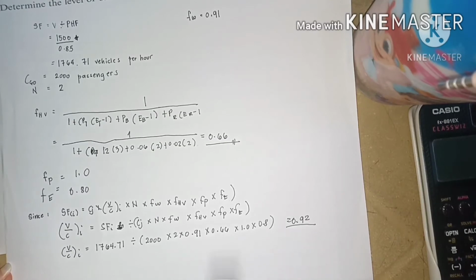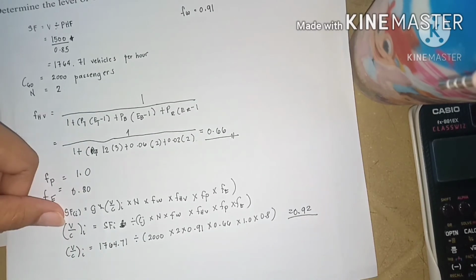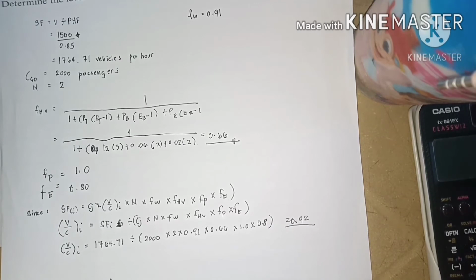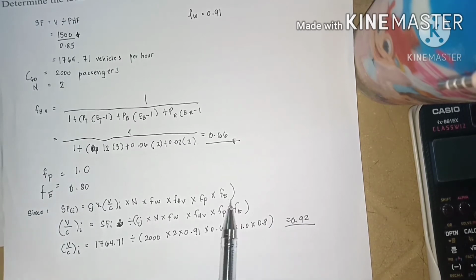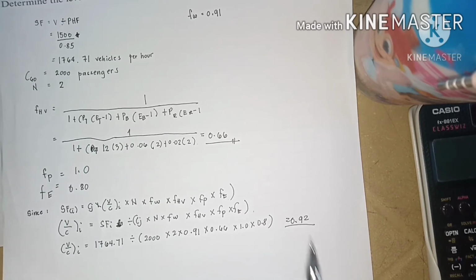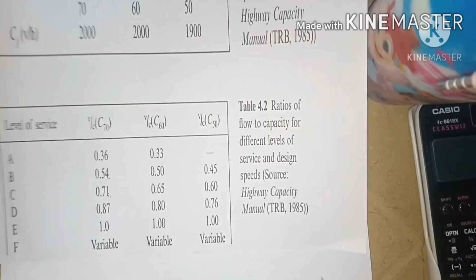Since nabanggit ko kanina yung formula nito, gagamitan natin siya para makuha natin yung design speed. Naipasok na natin yung mga given and nagkaroon tayo ng value na 0.92. Para malaman natin yung level of service nito, proceed tayo sa table for level of service, which is this one.